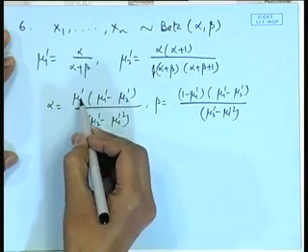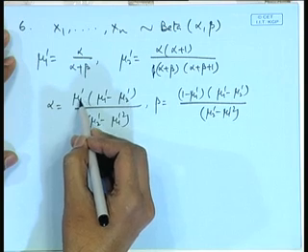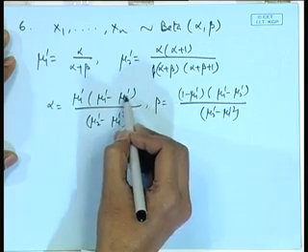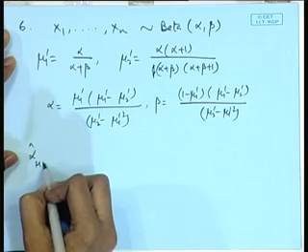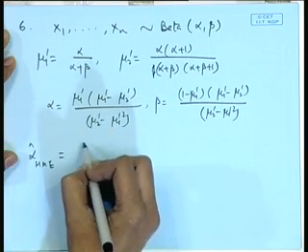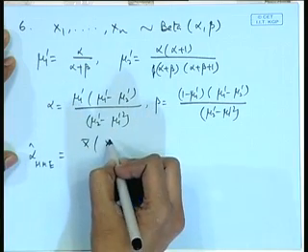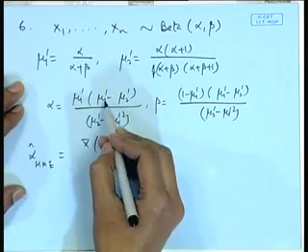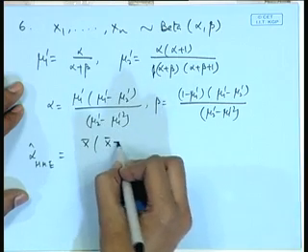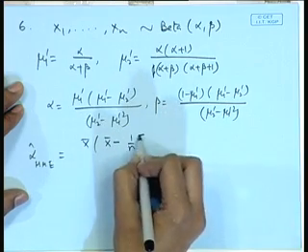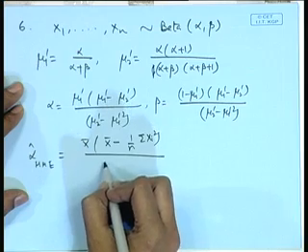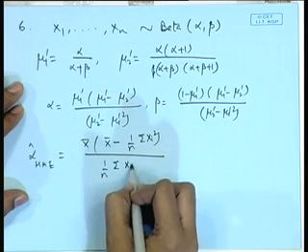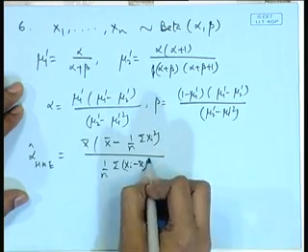So, substituting for mu 1 prime as x bar and for mu 2 prime (1/n) sigma xi square, we get the method of moments estimators as x bar into (x bar minus (1/n) sigma xi square) divided by (1/n) sigma (xi minus x bar) whole square.